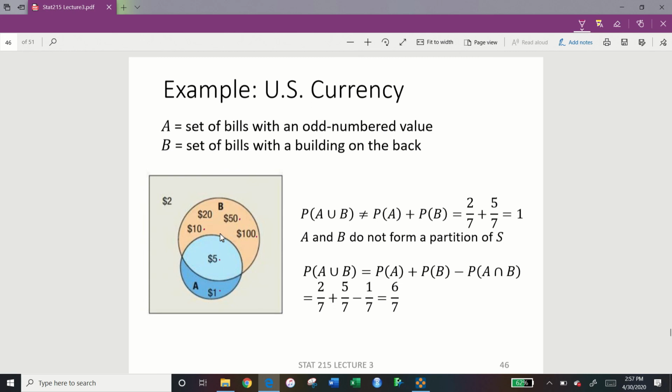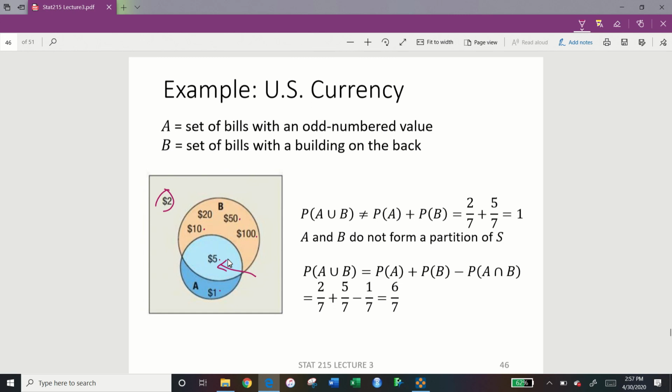We can move on. Well, showing it now visually, we've got an issue. One, it's definitely not the full sample size because we left out 2. Also, we counted $5 twice.